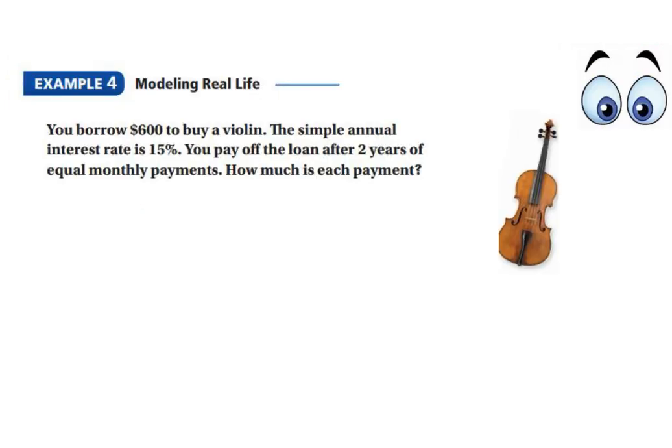In example number 4, you borrow $600 to buy a violin. The simple annual interest rate is 15%, and you pay off the loan after 2 years of equal monthly payments. How much is each payment? So let's set our equation up with simple interest equals principal times rate times time. What we know is our principal, what we borrowed, is $600.